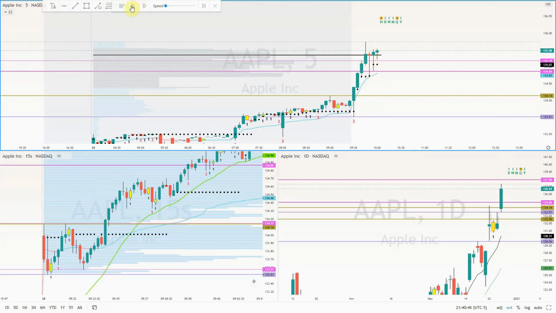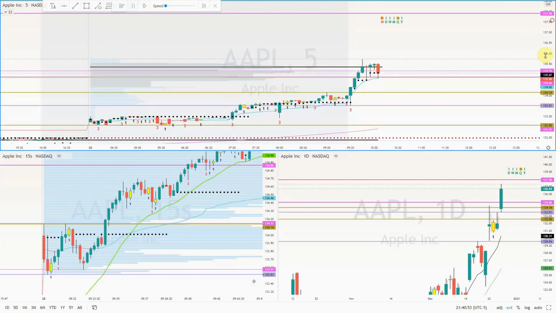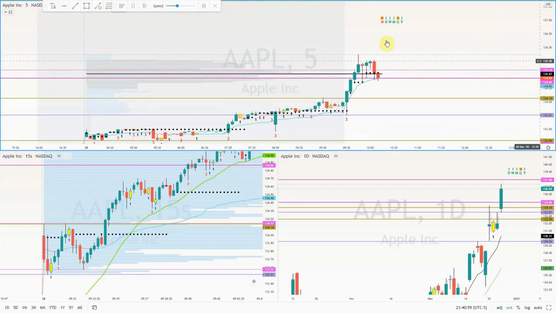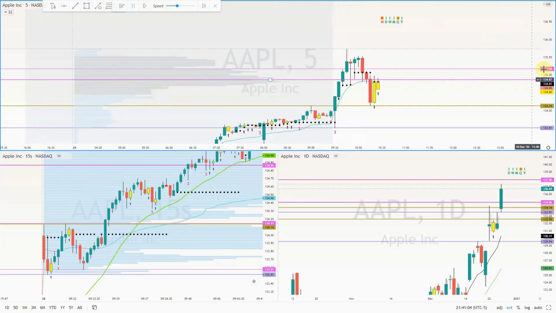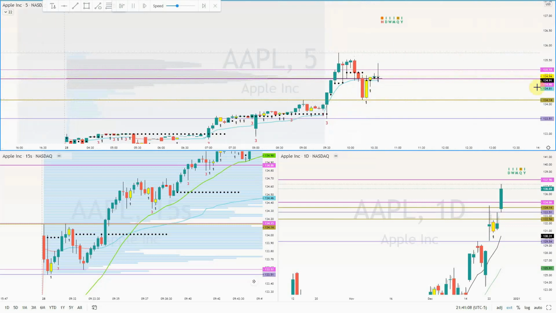And let's just keep playing to see how price moves, with our main target being up at 137.90. Let's run this a little bit quicker. You see here it comes down and tests those pre-market highs.